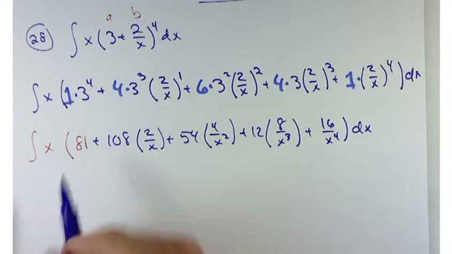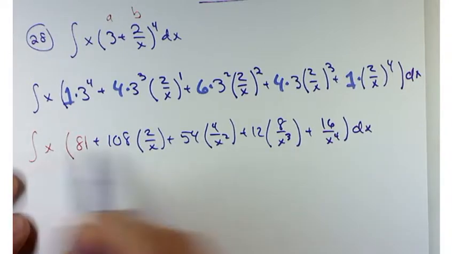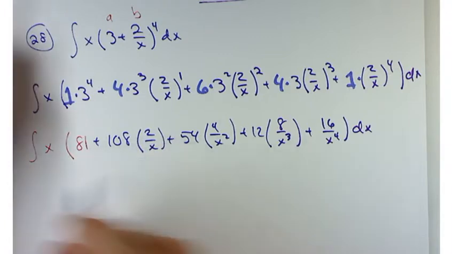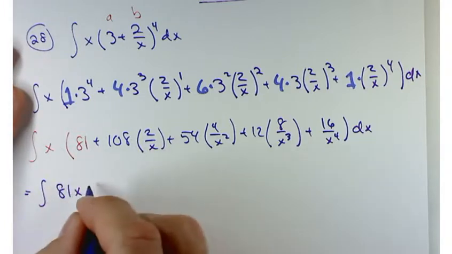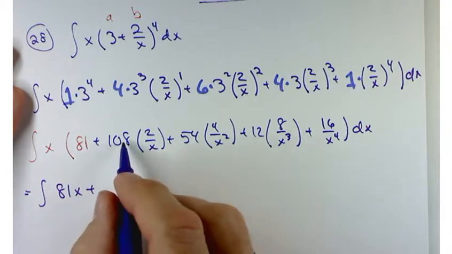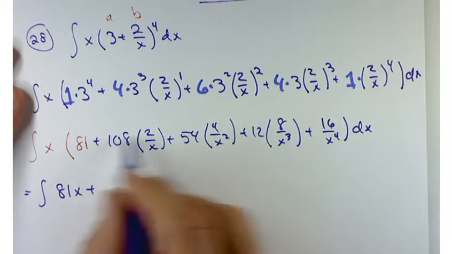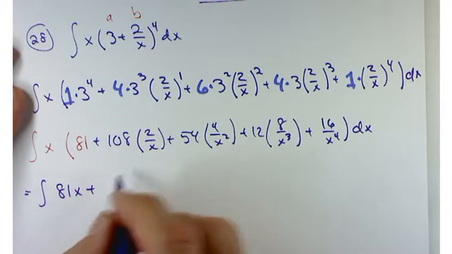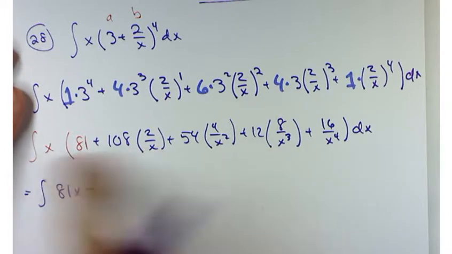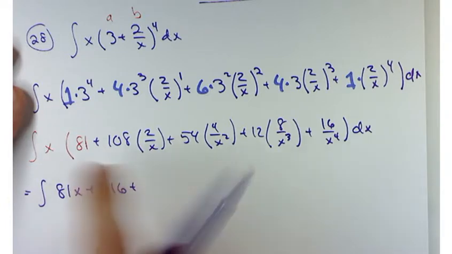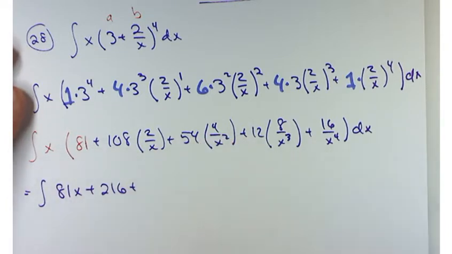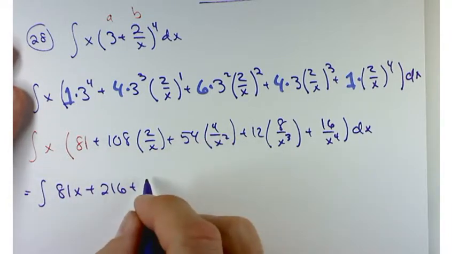So, last but not least, let's distribute the x and also multiply these things together. I'll get the integral of 81x plus 216, yeah, just 216, right? Because that x and this will cancel. Plus 216 plus 216 again, right? 216 over x.